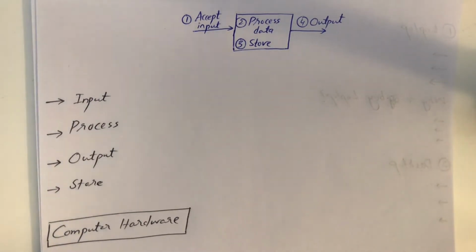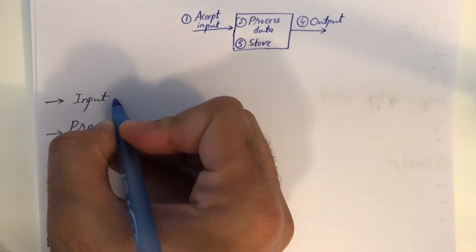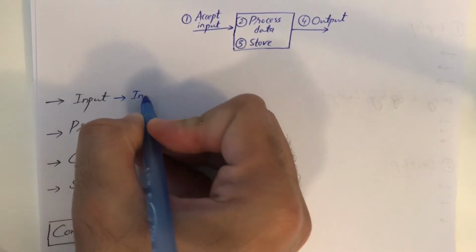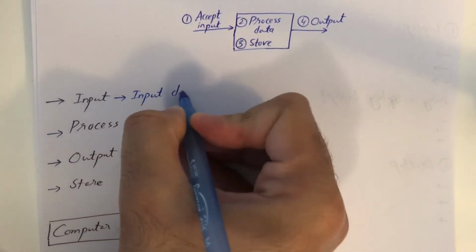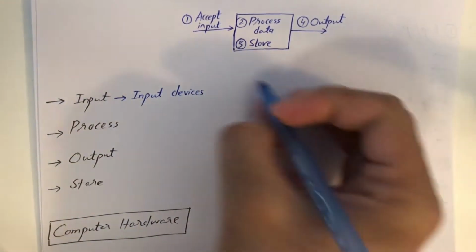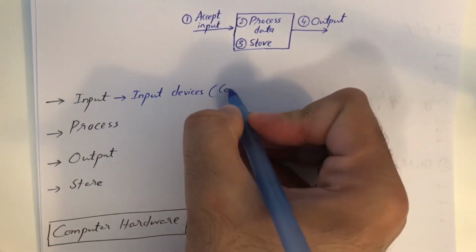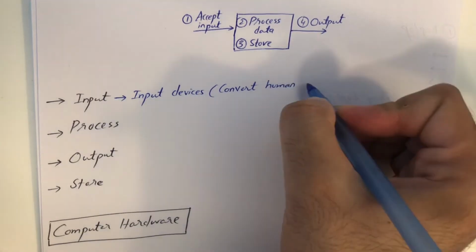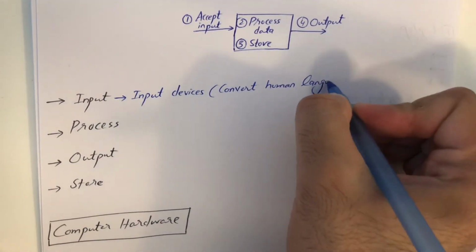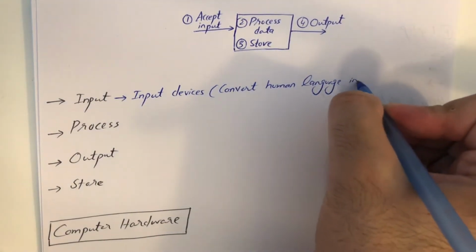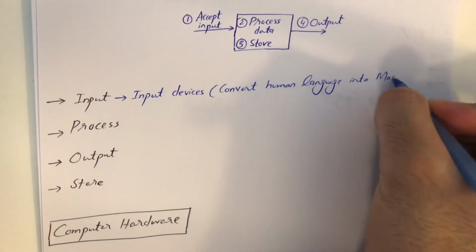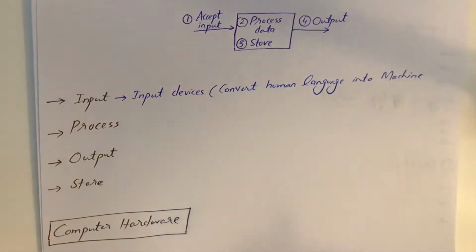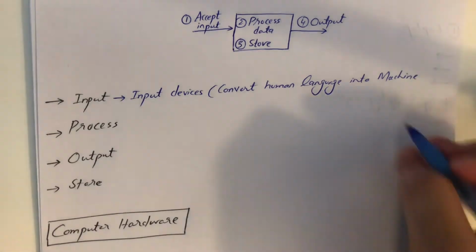So how do we actually give input to a computer? In order to give input, we use input devices, and these input devices convert human language into machine language. Machine language is just like binary, like 1010 and all that.